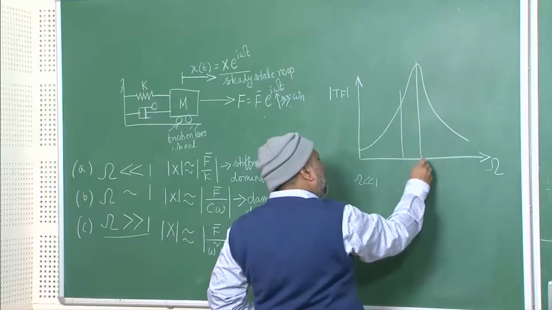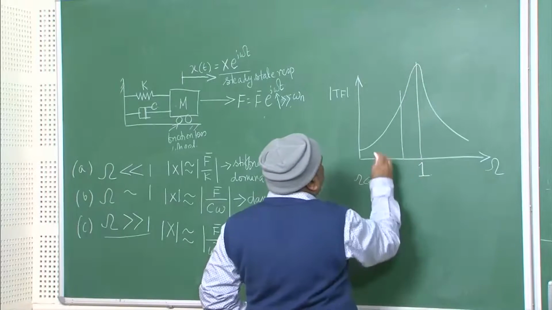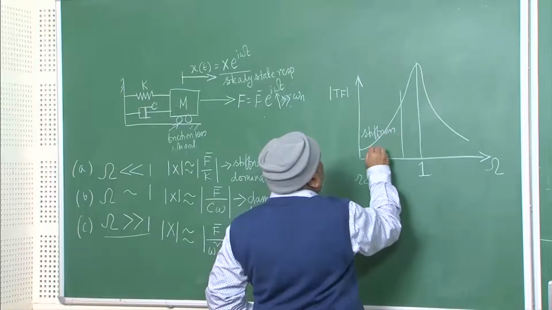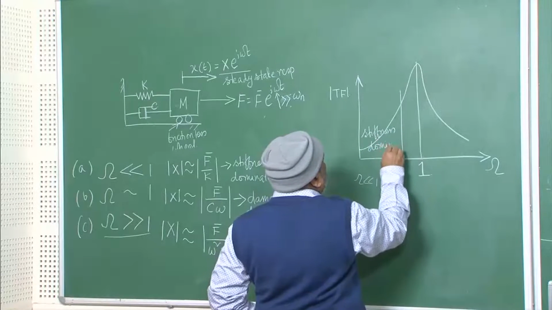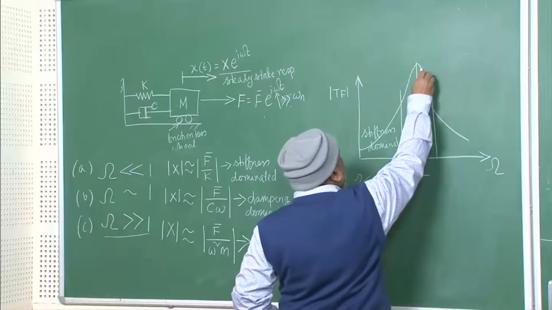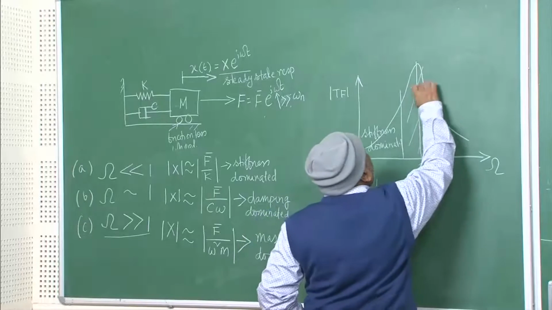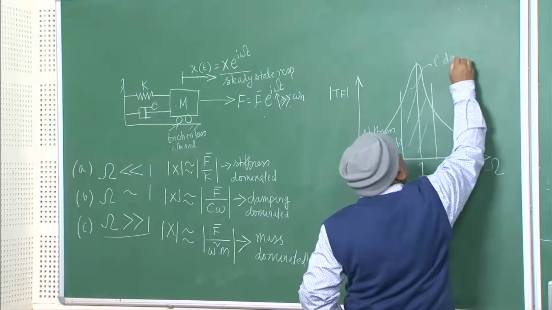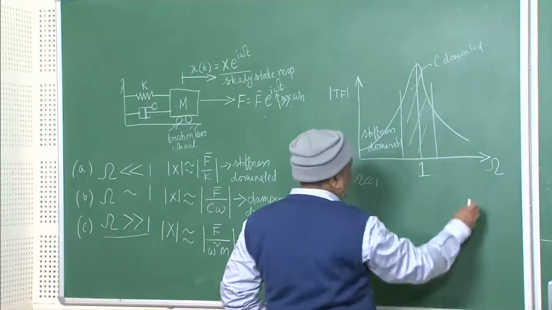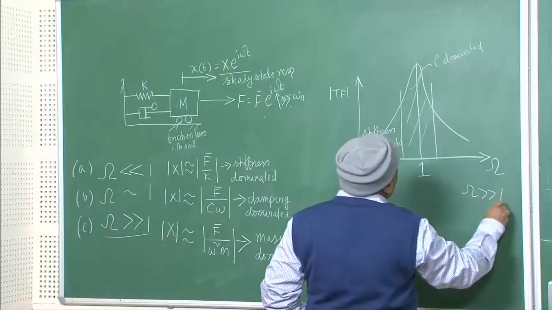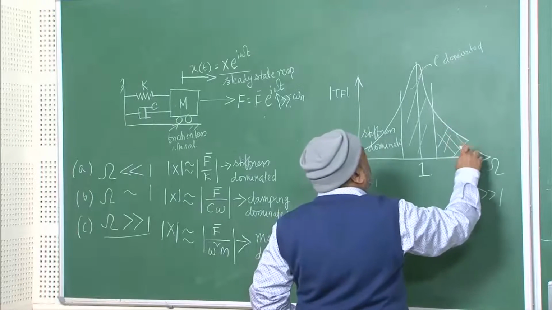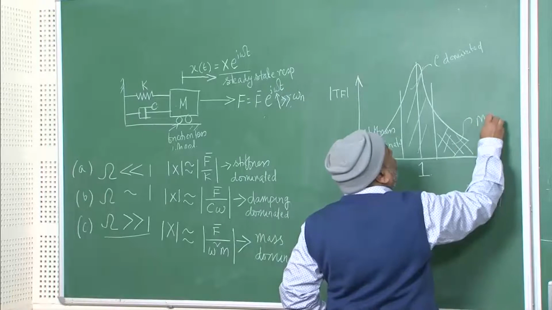This is the peak point where omega is unity. So, this part is actually stiffness dominated. Then in between there is a part which is actually C dominated, damping dominated, and when omega is much greater than unity, you are going to get the part which is actually mass dominated.